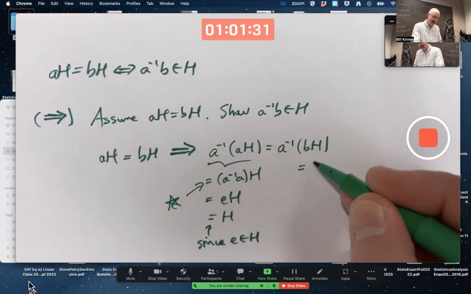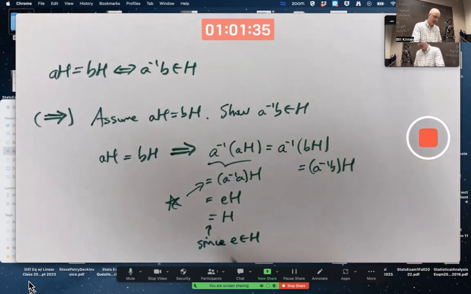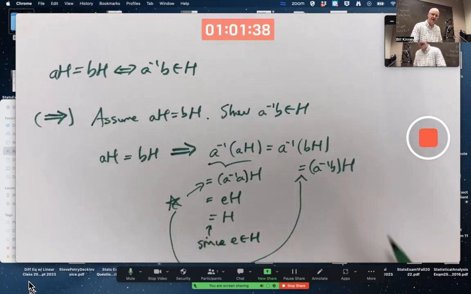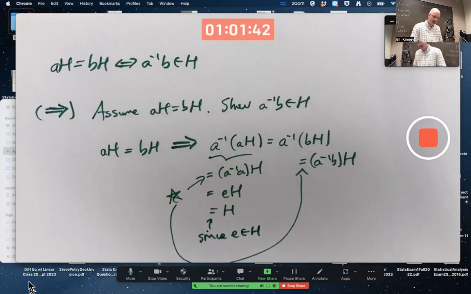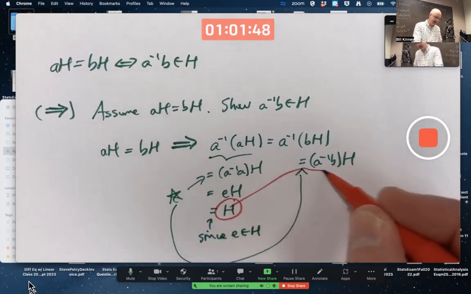I can write this as (A inverse B)H. Same associative law that I just showed you in the book is being used right there. And so what I've got here in all this is ultimately an equality between this and this.